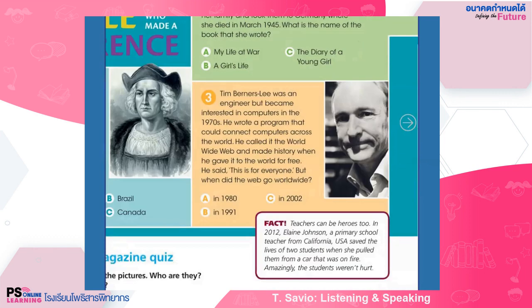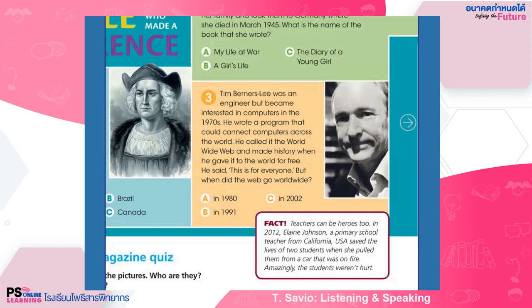Tim Berners-Lee was an engineer, but became interested in computers in the 1970s. He wrote a program that could connect computers across the world. He called it the World Wide Web and made history when he gave it to the world for free. He said, "This is for everyone." But when did the web go worldwide?